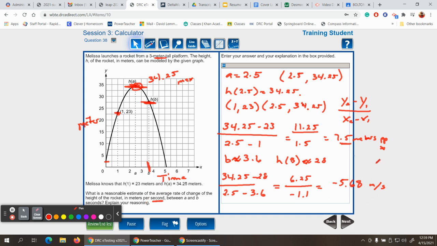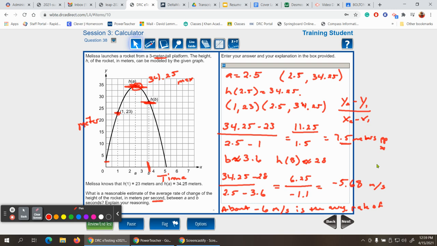Now it says it wants us to find an average. What is a reasonable estimate? A reasonable estimate would be you can just say this, or you can say about -6 meters per second is the average rate of change, right?